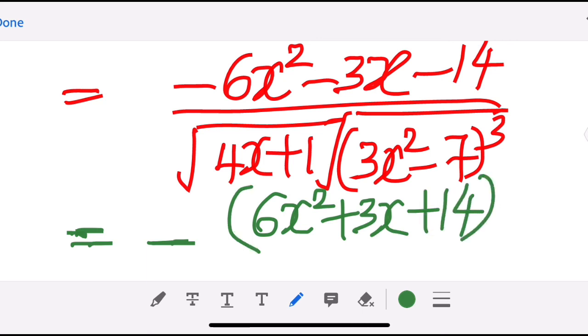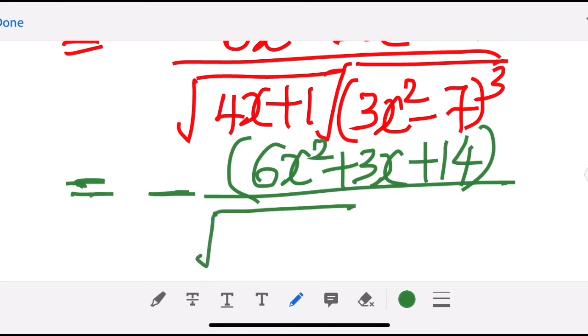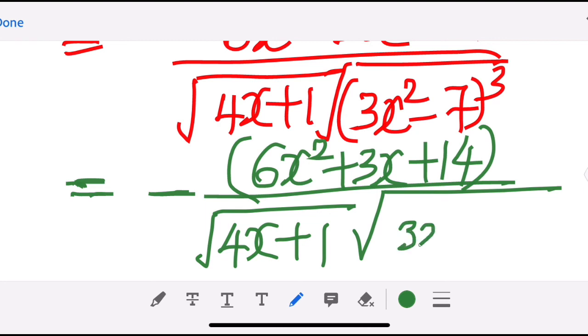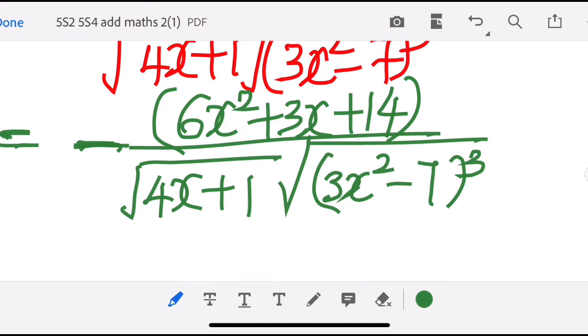You want to put a bracket? Can. So finally the best answer is this: over the square root of 4x plus 1, times (3x squared minus 7) to the power of 3 with the square root. Got it? This is the best answer for this question, which involves the concept of surds.